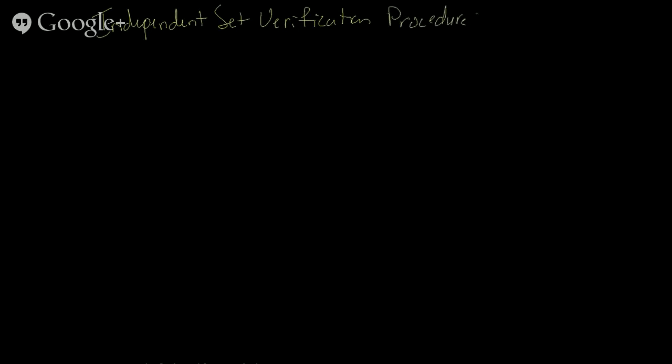Remember, the independent set is if you're given some graph and a number k, you just want to be able to determine, is there a list of vertices in that graph that equals the number k, such that the vertices are not connected to any other vertex in that list. So what do we need to have in order to be able to decide if a supposed solution to our independent set problem is actually a solution? We need to still have G. So we need to know what the original graph was.